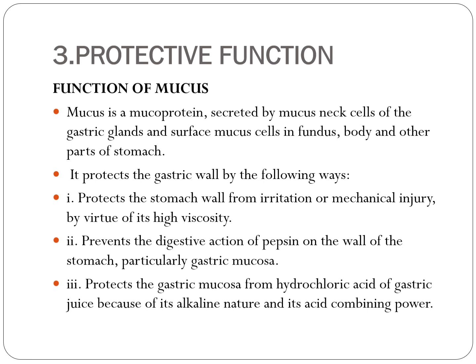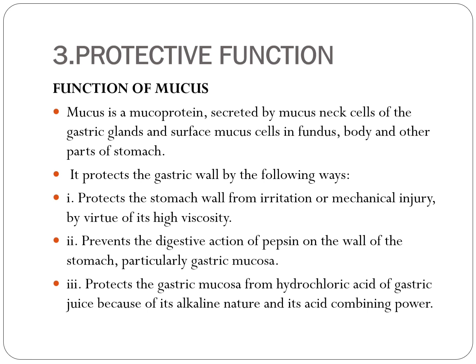Then next function, protective function. Mucus is a mucoprotein secreted by mucous neck cells of the gastric gland, and surface mucous cells in fundus, body and other parts of stomach. It protects the gastric wall in the following ways. It protects the stomach wall from irritation or mechanical injury by virtue of its high viscosity.